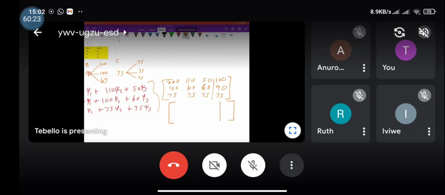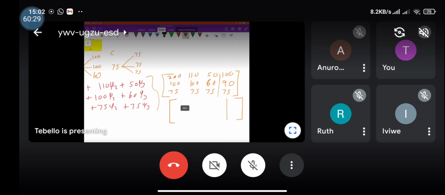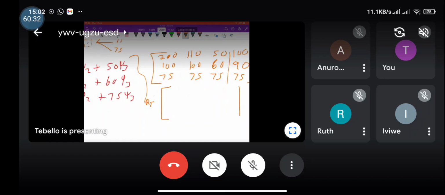Okay, so for the first step, row 2 minus 100 over 200 times row 1, row 3 minus 75 over 200 times row 1. So you still have 200, 110, 50, 50.